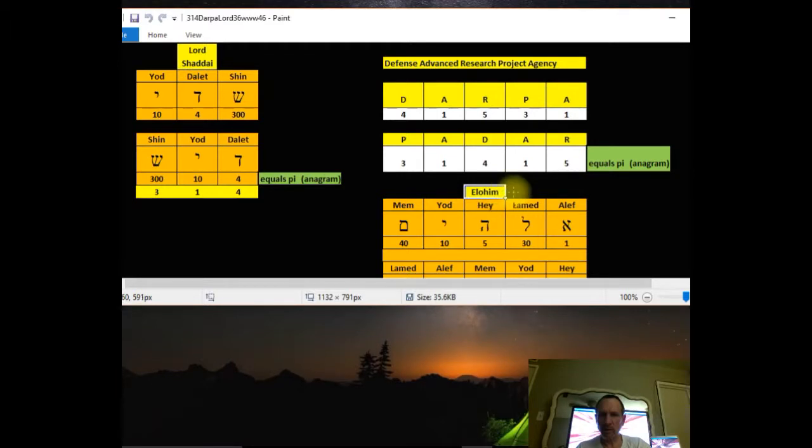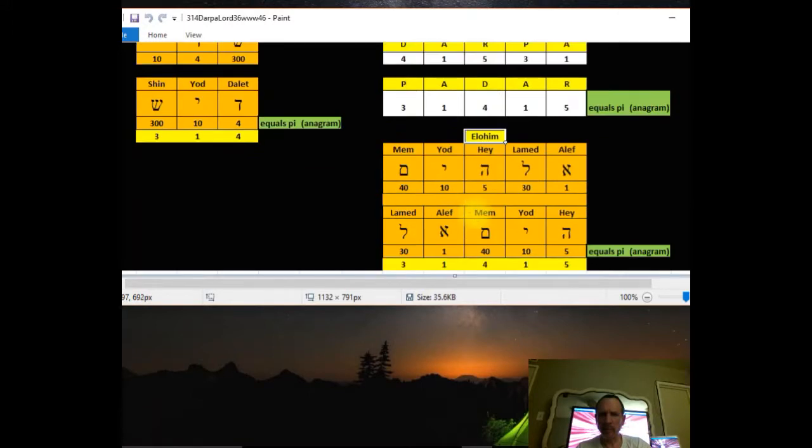The name of God in Hebrew, Elohim, its anagram, Lamed 30, Aleph 1, Mem 40, Yud 10, and Hey, its digital root, 31415. In the name of God, Elohim, in Hebrew.